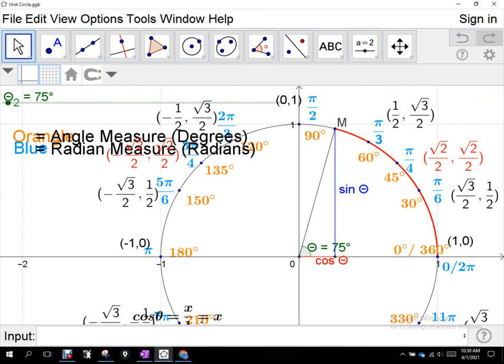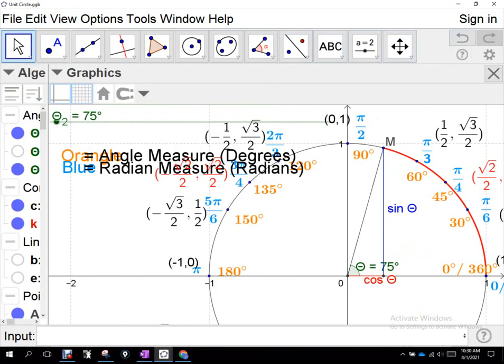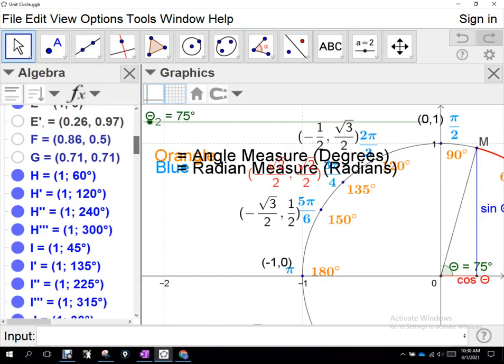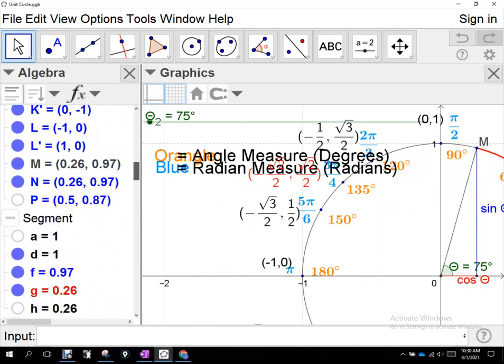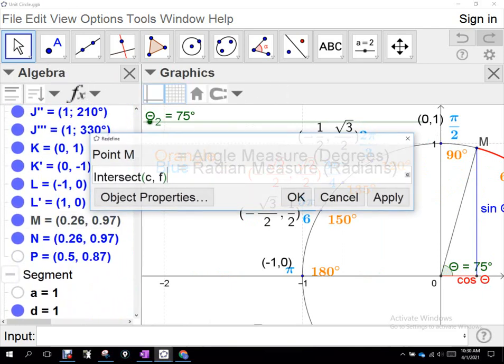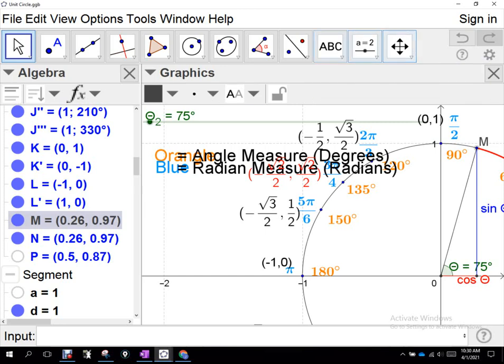Do it again. Let's see here. There you go. That point right there, okay, is what we typed in. And it's the same thing as M that you're seeing right there. Okay? So we just created the exact values for that ordered pair at 75 degrees.